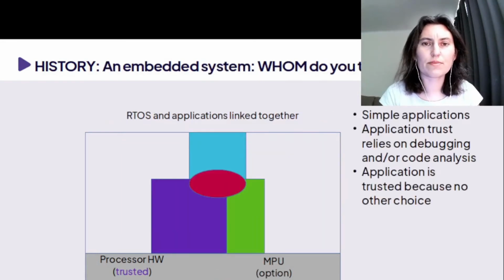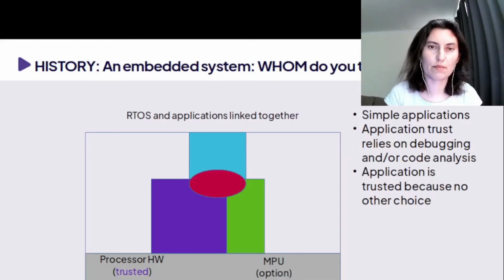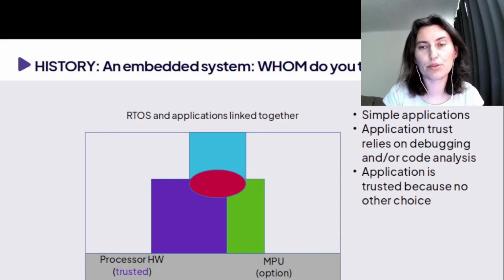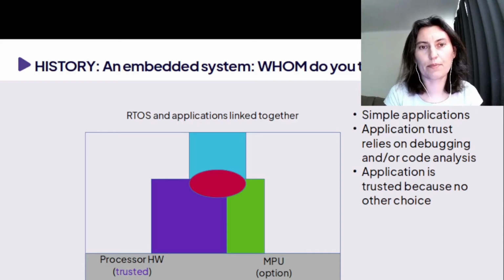And it's a little bit different in a traditional embedded system. In a traditional embedded system, we do not have an MMU. Quite often we have an MPU as an option. And in this case, applications and the operating system were all linked together, and also running from the same memory space.